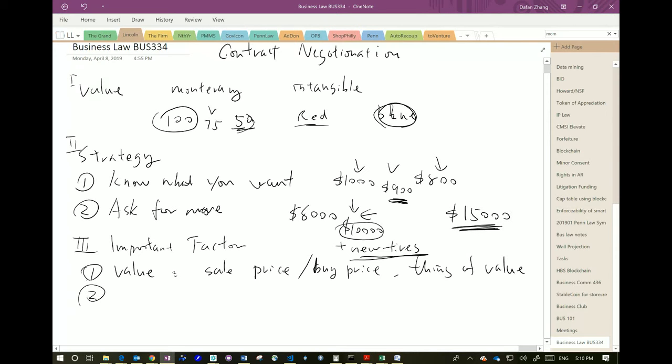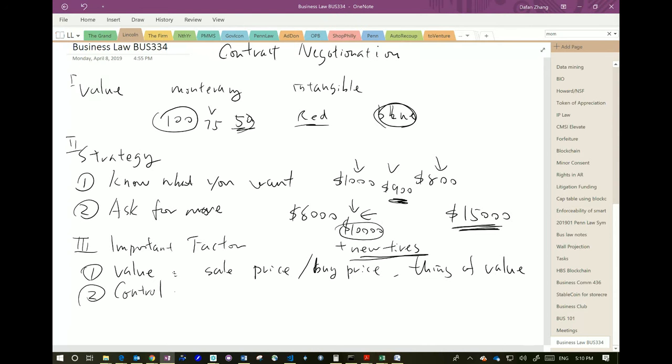The second most important factor usually is control. In business, control means almost everything after value. If you own the company and somebody wants to invest in your company, you don't want to give up a lot of control to that person because then it will no longer be your company, you're not running it by yourself. And that becomes the issue most of the time.